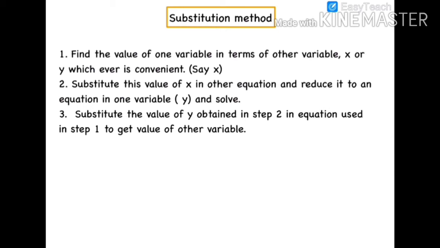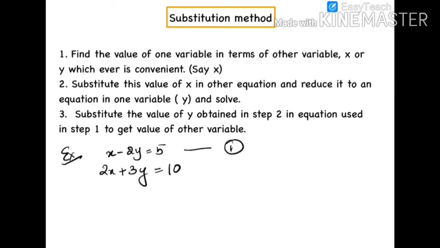To understand this method, let's take an example. x minus 2y equal to 5 and 2x plus 3y equal to 10. Mark the equations as 1 and 2. Now express one variable in terms of the other using any one of the equations, whichever is convenient.